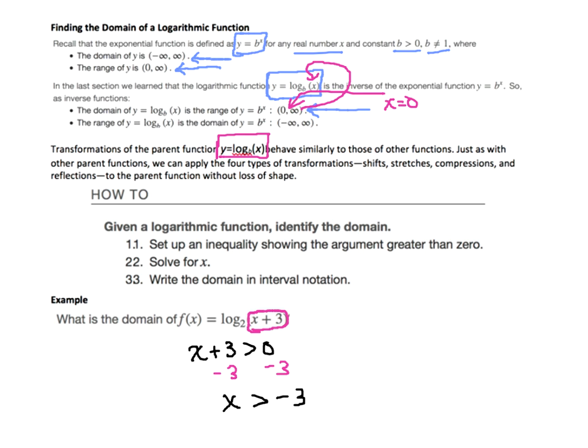So we can either write it in inequality form, or I can write it in interval notation. So my domain of f in this case goes from negative 3 non-inclusive through positive infinity.